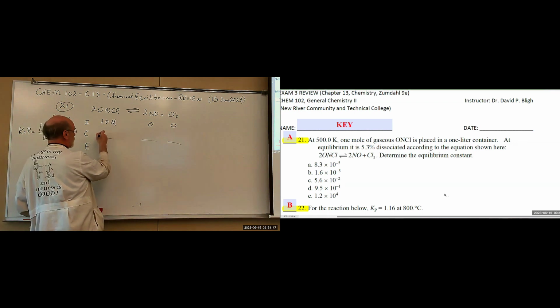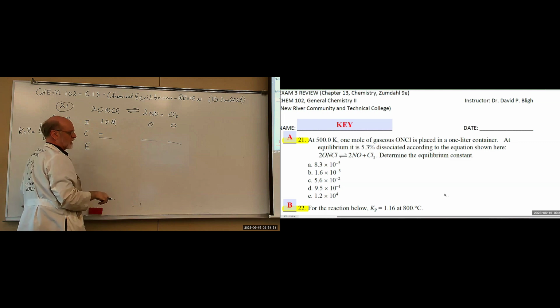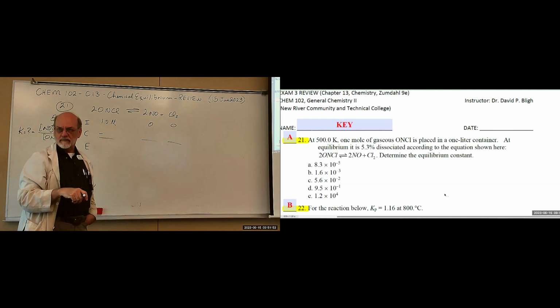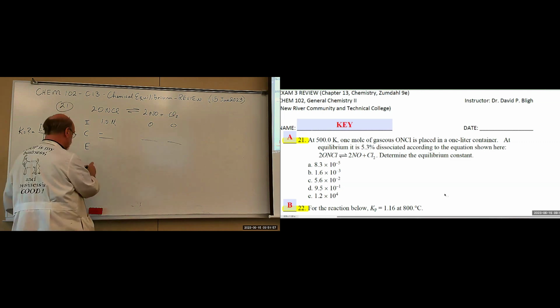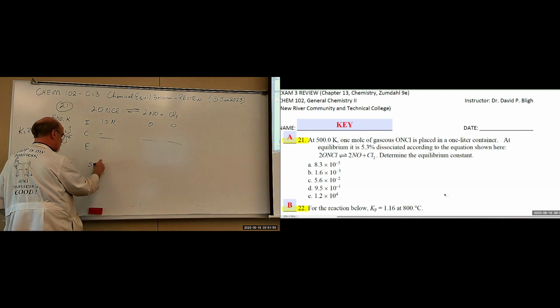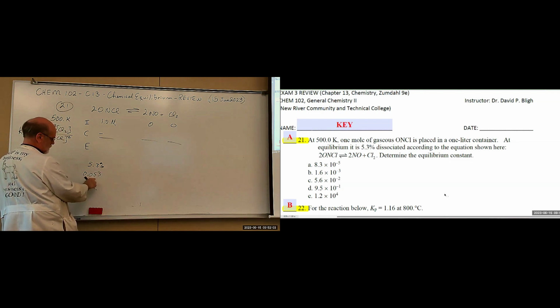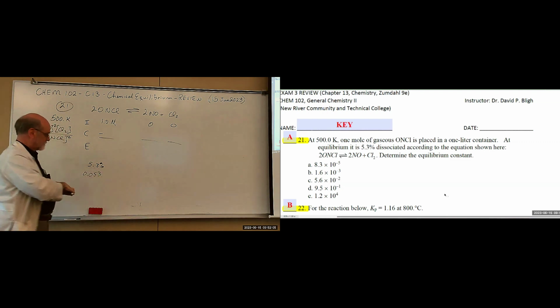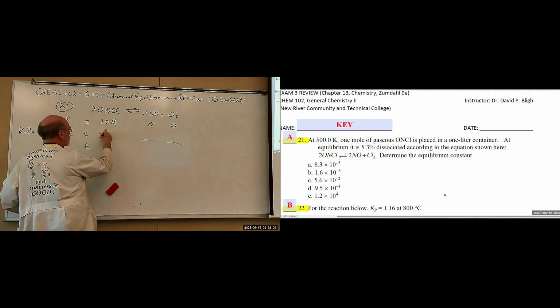So we're going to lose 5.3% of 1, which is what? 0.053 molar, isn't it? Yeah, the decimal fraction of 5.3% is 0.053. Okay, so 0.053 is what we're losing here.